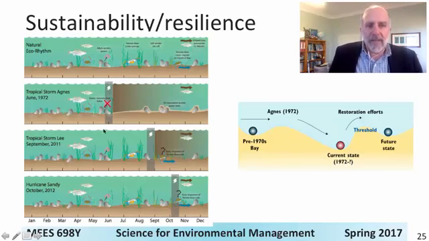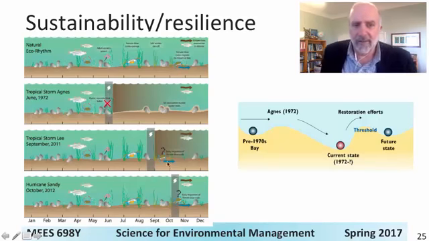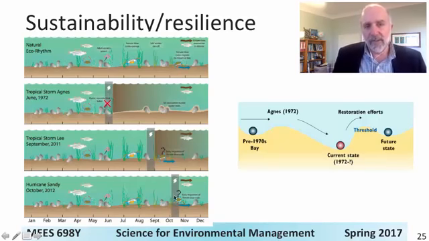But then Agnes came, and it came very early in the year, in June, a very early storm, which really happened right when things were going. So it was a total failure of oyster reproduction and a lot of burial of the oyster beds. The grasses got knocked out. Tropical Storm Lee and Sandy coming later in the year didn't have as much of an impact. Lee more than Sandy.